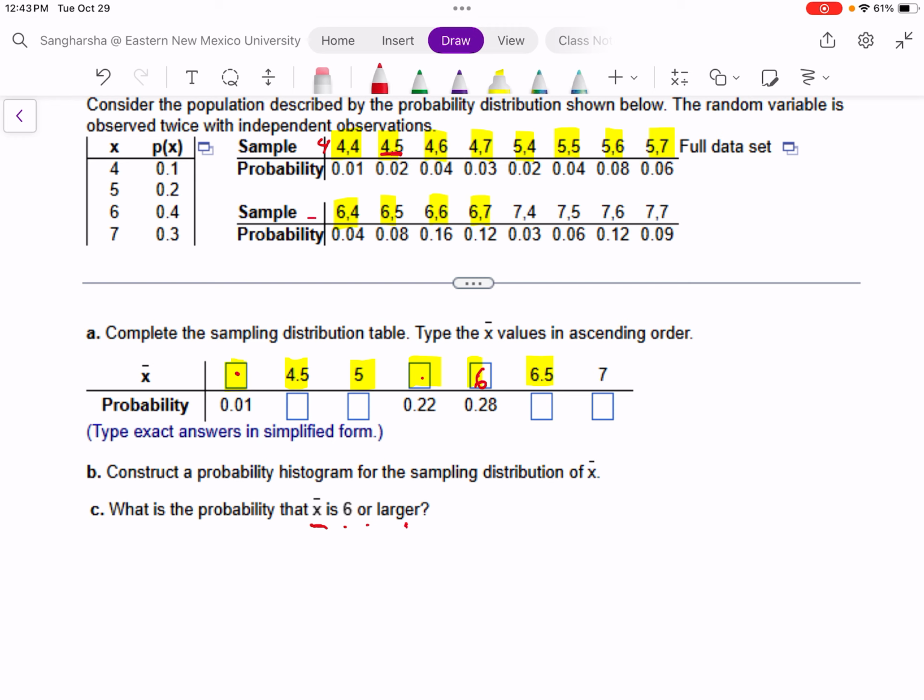So you want to find the probability that x bar is 6 or larger, which means you are adding the probability of 6 and the larger values. So you are adding 0.28, and whatever value you get here and whatever value you get here. That is your probability. Once you fill this table, you add 0.28, this number and this number.